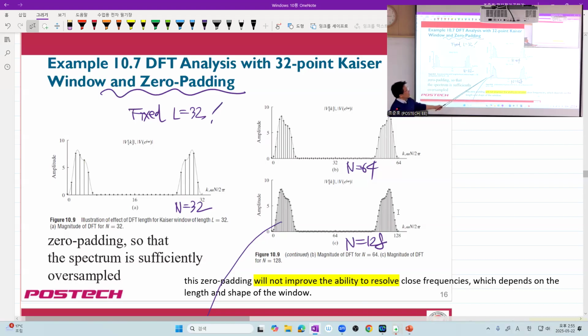So only the resolution is increased. But you may say that, hey, if we already have blurred too much, there were two very closely located delta functions, but the window function has very bad side lobes, so the two main lobes and side lobes blurred each other, then padding zeros does not improve anything.